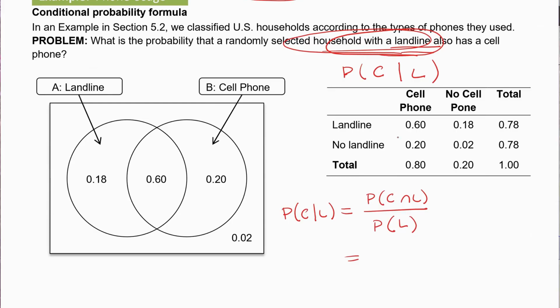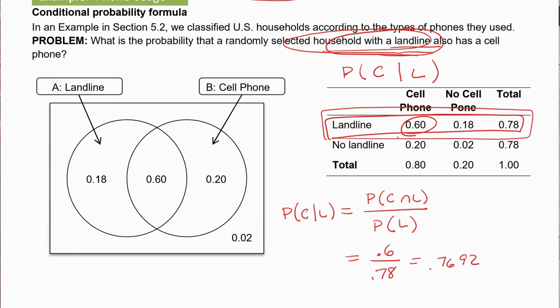Well, the probability of having a cell phone and a landline, that's right there. It's 0.6. Probability of having a landline is 0.78. Doing that math, it ends up being 76.92%. So you can see how we're using this formula to calculate that conditional probability. But you can also see how when we did other conditional probabilities, it's doing exactly what we did. Isolate the condition and then do your calculations only within that one line.